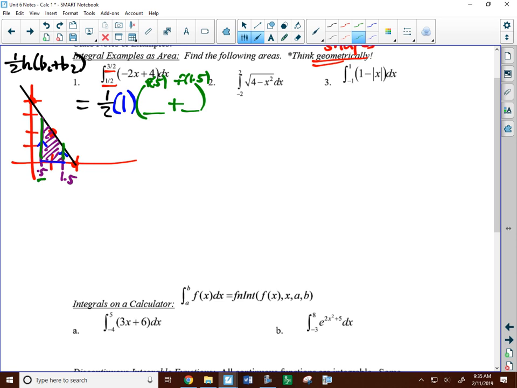So let's put 0.5 into that function. You can also look at your table, or enter this in your calculator. -2 times 0.5 is -1, and -1 plus 4 gives 3. Then I put in 1.5, so -2 times 1.5 plus 4.